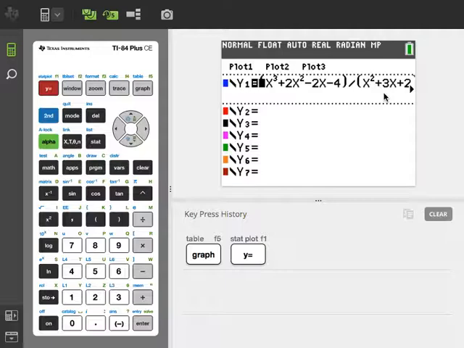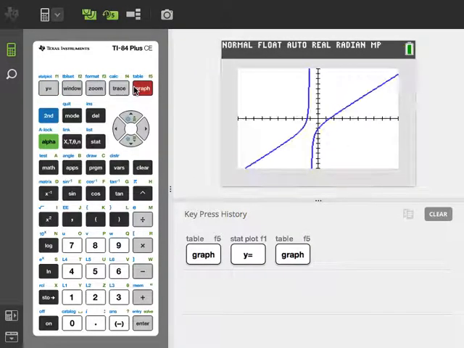So then the calculator knows this polynomial is on top, this polynomial is on bottom. And then if I were to go ahead and graph this, this is what my graph looks like. Okay, something similar to what we saw. If you wanted to, you could add in a graph for x equals negative 1 or the line y equals x minus 1 so you could actually see the asymptotes there.